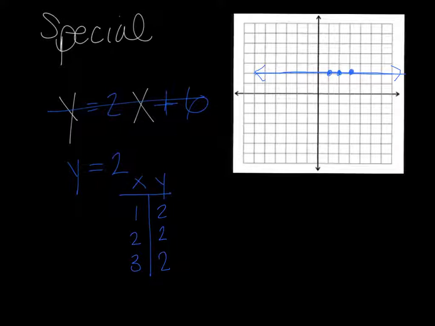That's not the only special one. But just like that one, if you have x equals -3, notice there is just an x, there is no y whatsoever, so that means y could be anything, but x is always -3. So y could be 1, x is -3.